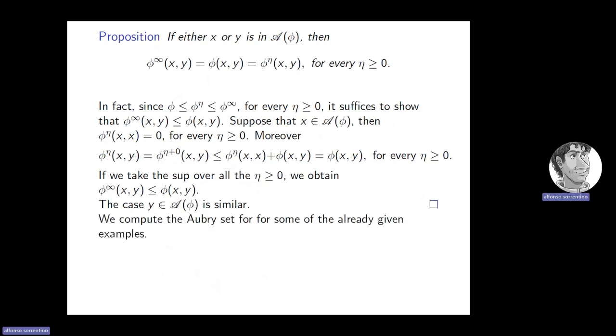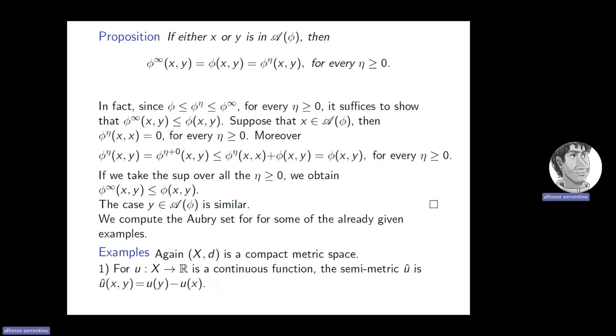Now, let me compute the Aubry set for some of the already given examples.